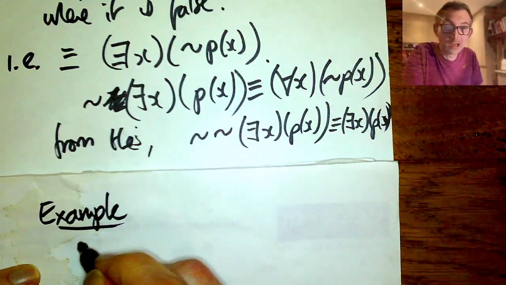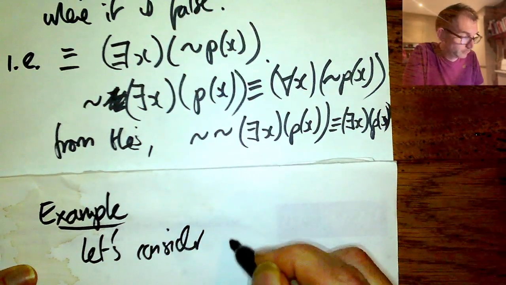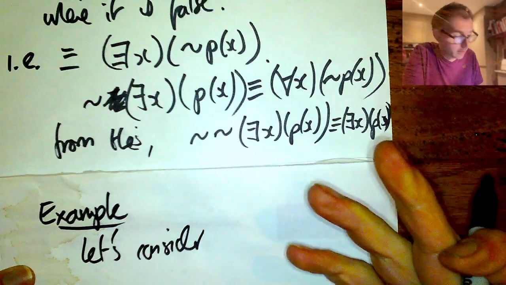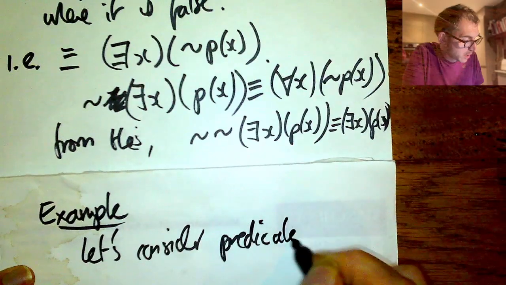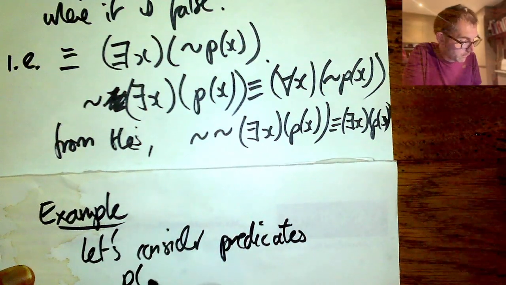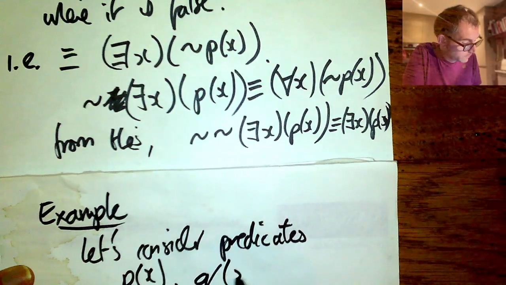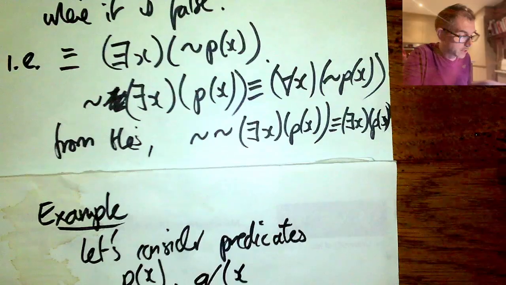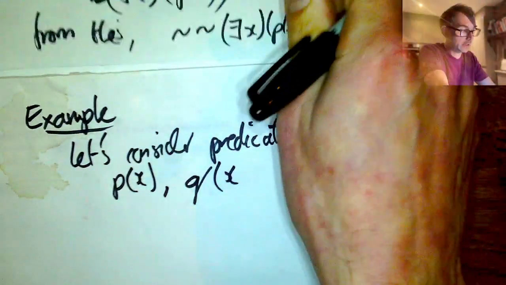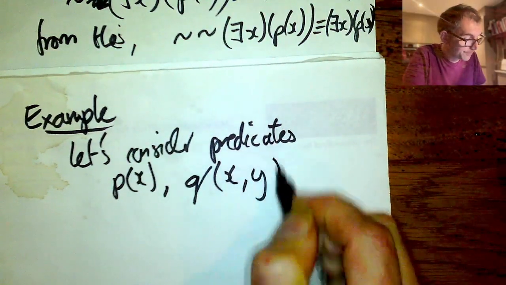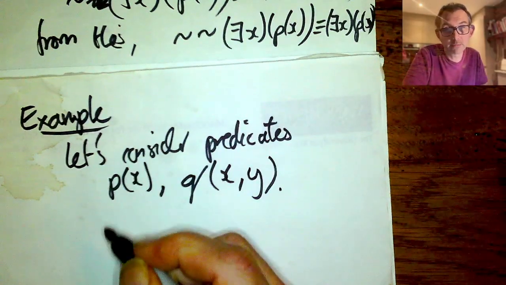So let's consider predicates P of x and Q of x, y. P of x is going to be something that just depends on one variable. Q is going to be something that depends on two. And I'm just going to combine them in some random way, and the way I'm going to combine them is this.